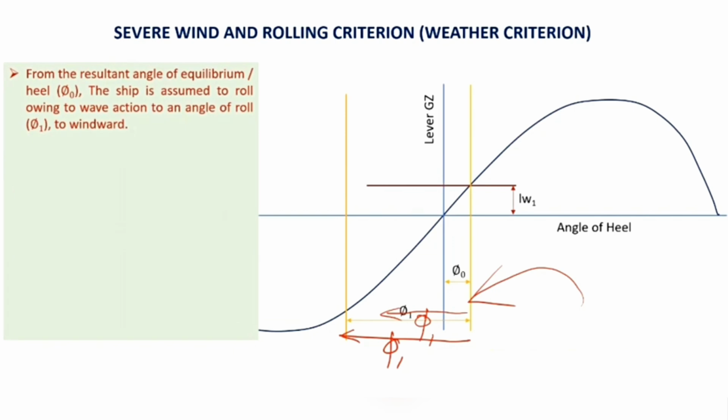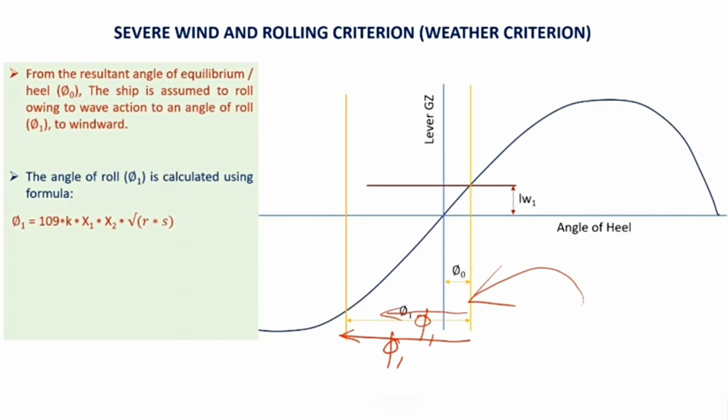Now, for calculating LW1, we had a formula. For phi 0, there was a limit. How is this phi 1 calculated? The angle of roll phi 1 is calculated using certain formulae and some constants. You need not remember the formula. You can just say phi 1 for a ship is calculated using the formulae and the tables given in the Code on Intact Stability.